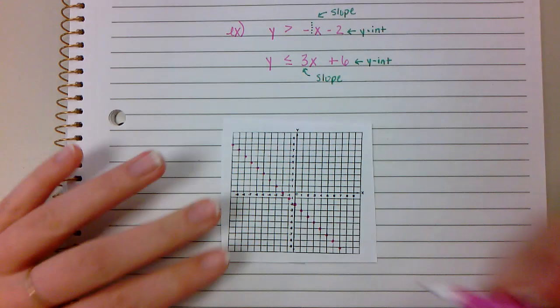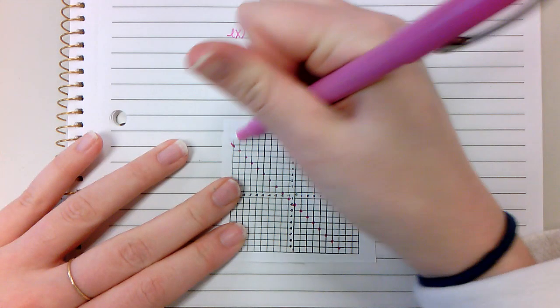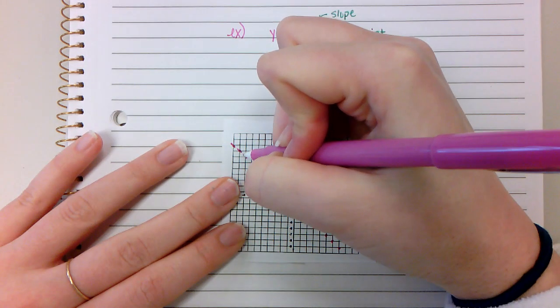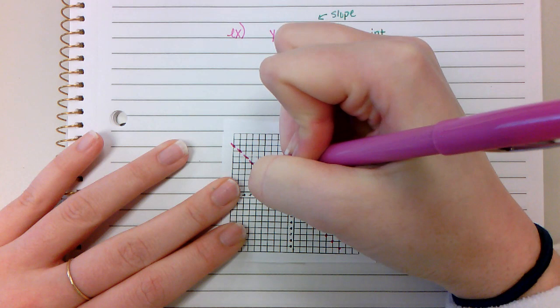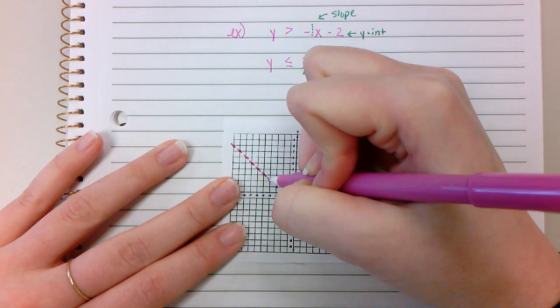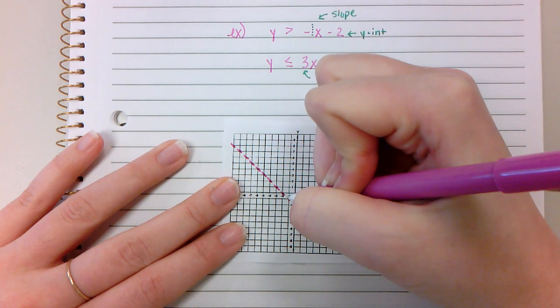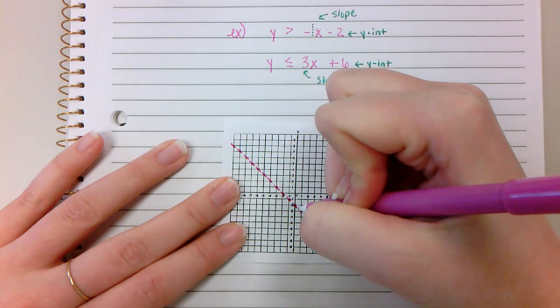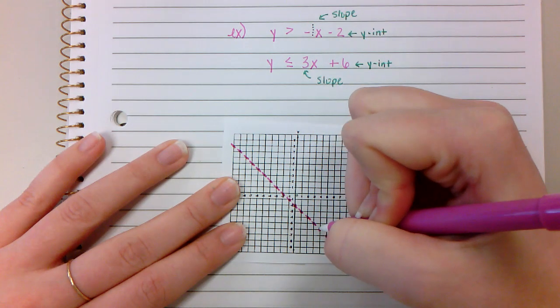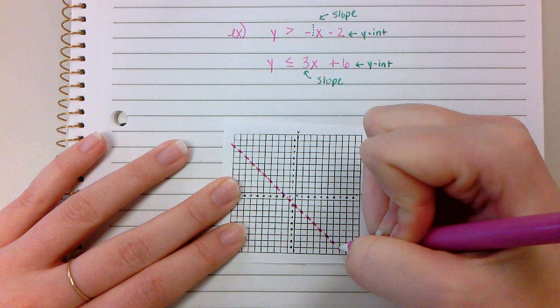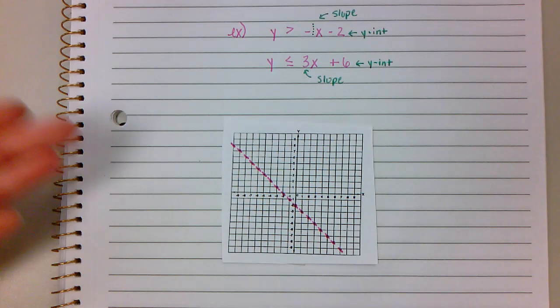And now I need to make this a dotted line. So I'm just going to make an extension that goes through each dot, make a line, but I'm not going to connect the dots. So I'm just putting lines through my dots, and I'm not making a solid straight line. So now we have a dotted line.